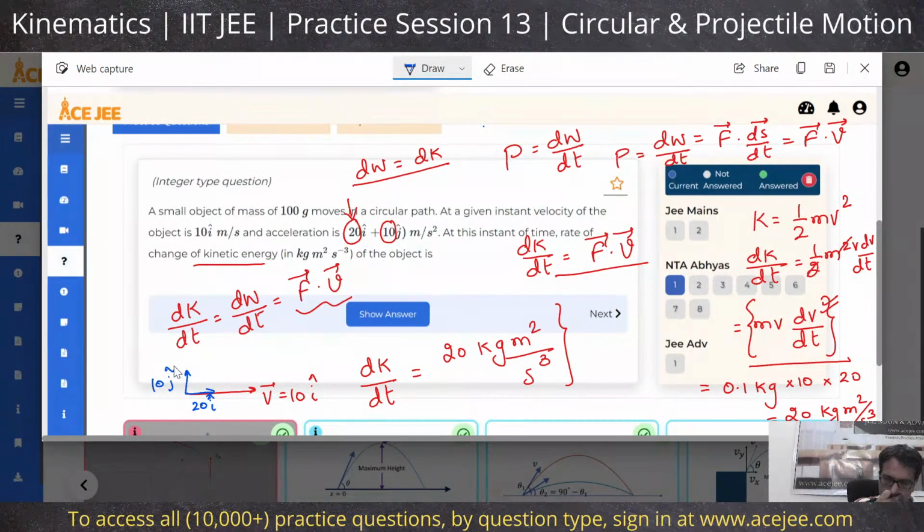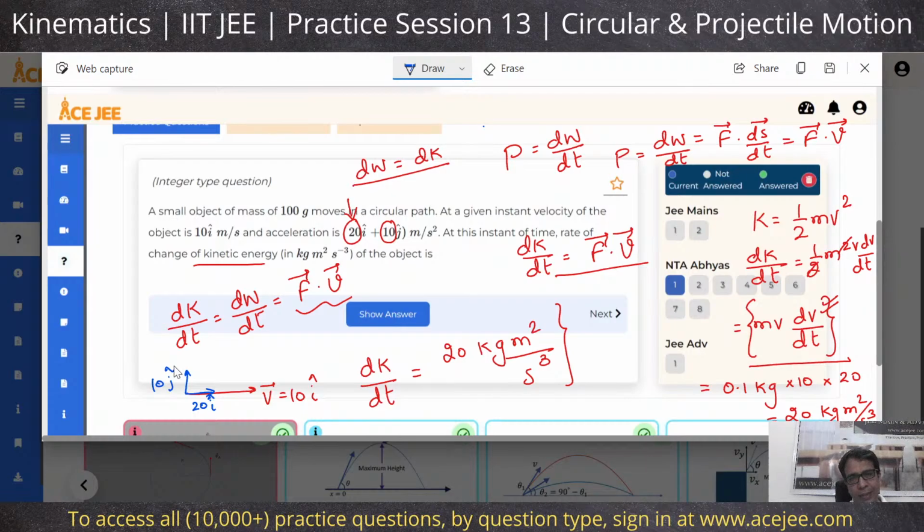Correct, Namita? Now, the acceleration that is perpendicular to the velocity vector is only going to try and change its direction, only try and rotate it. It cannot change the magnitude. To change the magnitude, the acceleration has to be in that direction. So in a very small time, let's say a microsecond or a millisecond, what is going to change the magnitude? The component of the acceleration that is in the direction of v.